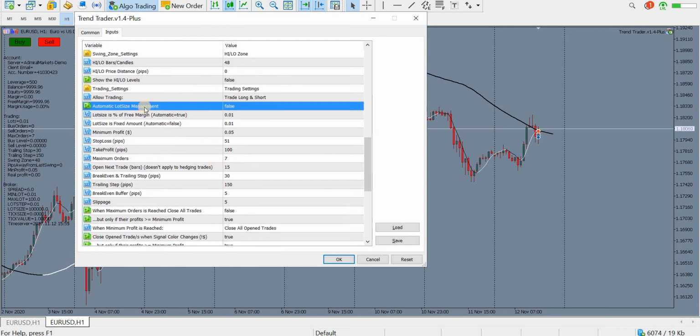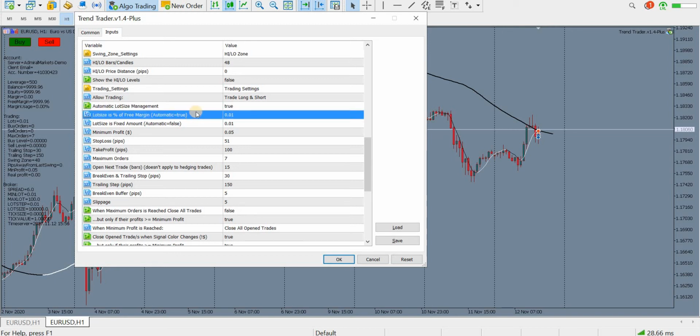Now, there is the option to use an automatic lot size if you set this to true. Automatic means that the expert advisor will set the lot size of the next trade. This is not applied to hedging, only to trades opened by trading signals. We're going to cover hedging a little later.